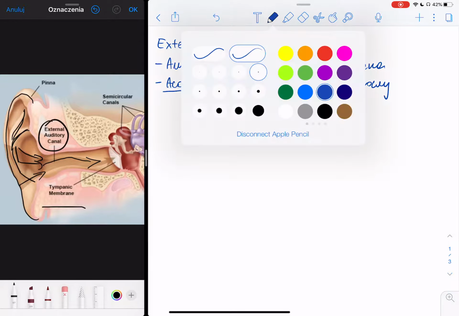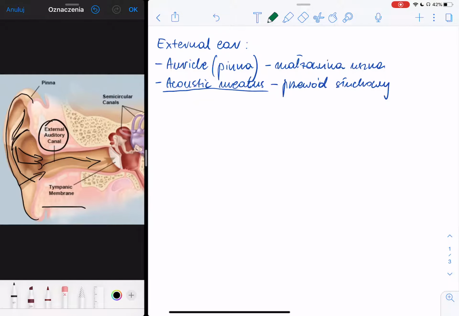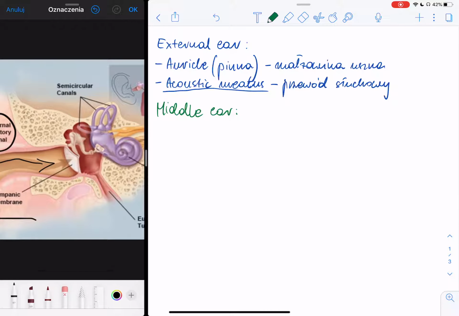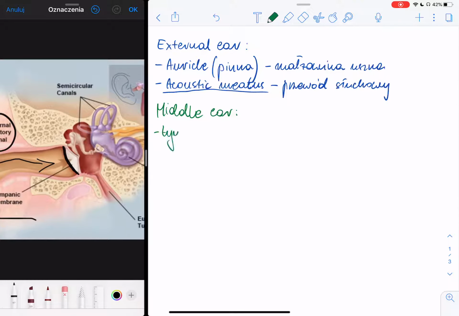So let's go further. In green, I will mark the middle ear. And guys, the middle ear starts at this point, which is the tympanic membrane, czyli błona bębenkowa.